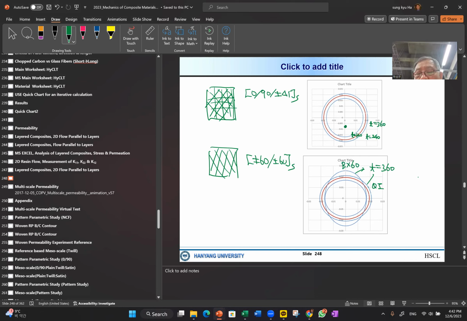As you can see, we have more flow speed in the y direction in BX60, simply because in the fiber direction we have more resin flow. So this is a very interesting, very quick and very useful observation for understanding the infusion process.